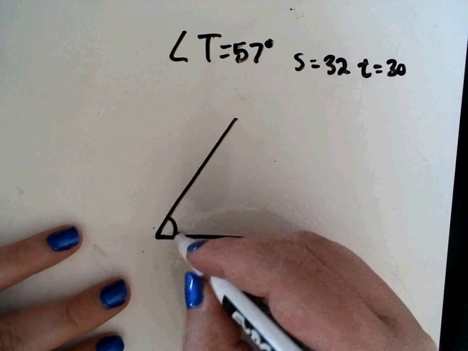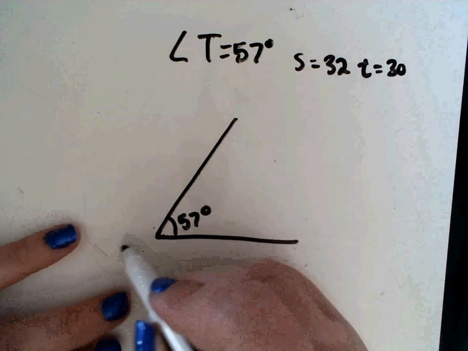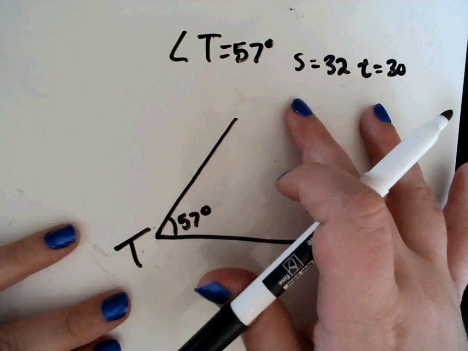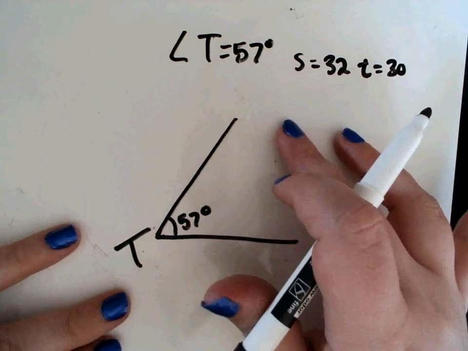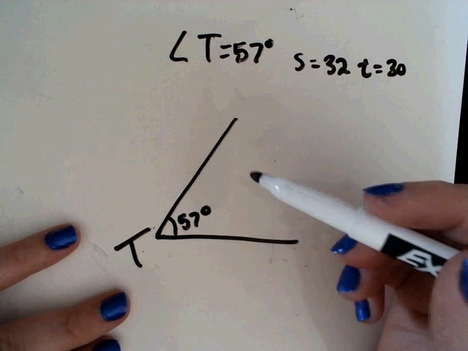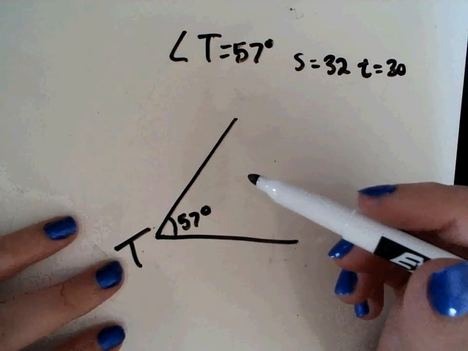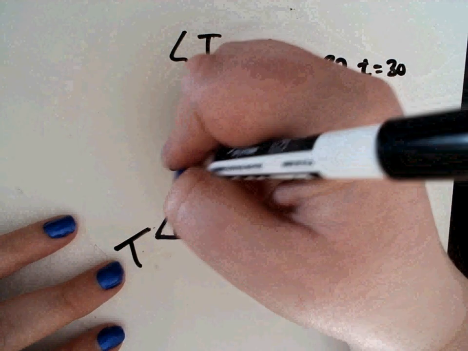So 57 degrees, somewhere in here. That's an acute angle, and anytime you're given an angle and two sides, then you have that situation where you can have more than one triangle.